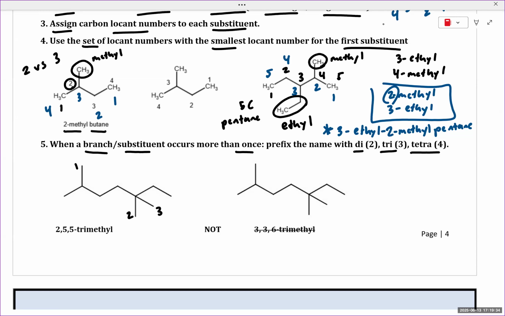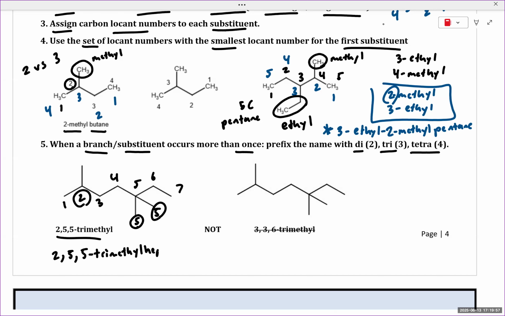So we would name this as 2,5,5-trimethyl. In this case, the full name would be 2,5,5-trimethylheptane. Heptane because we have a 7-carbon chain.